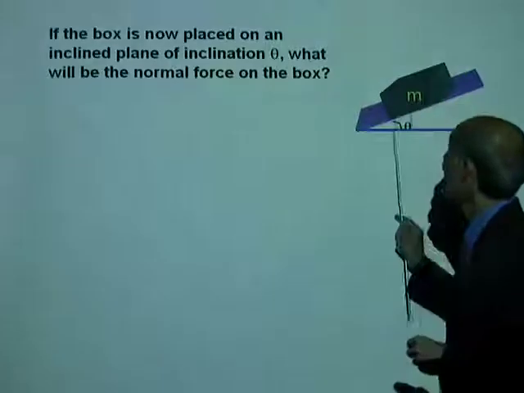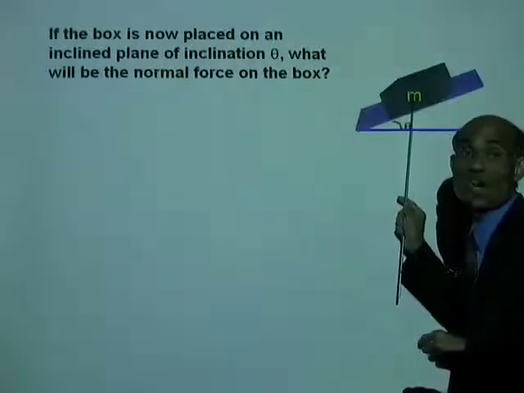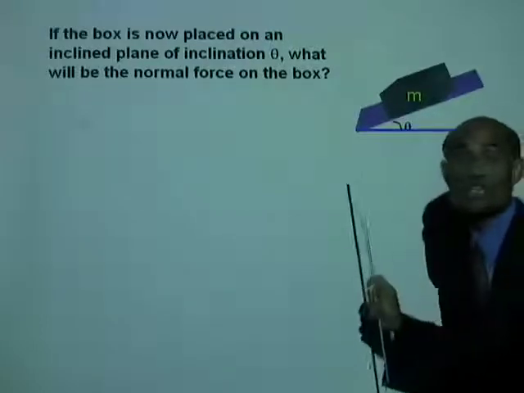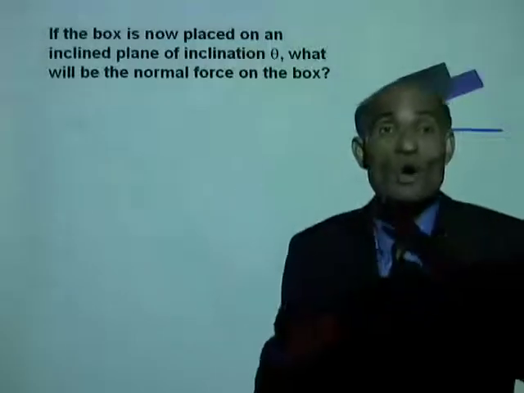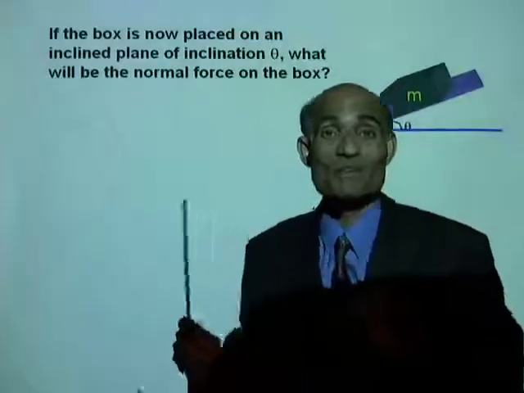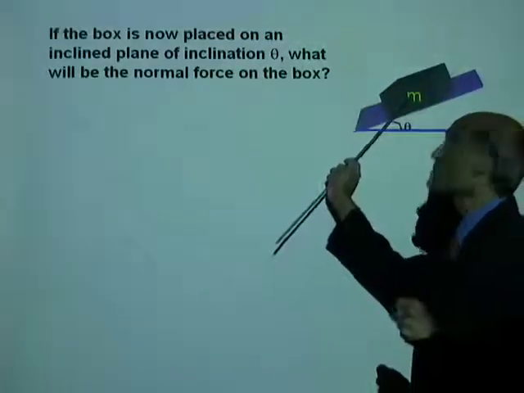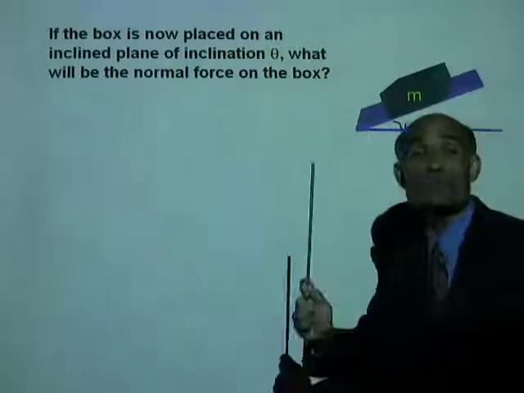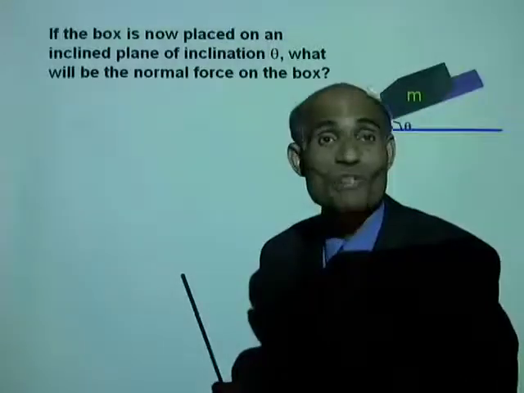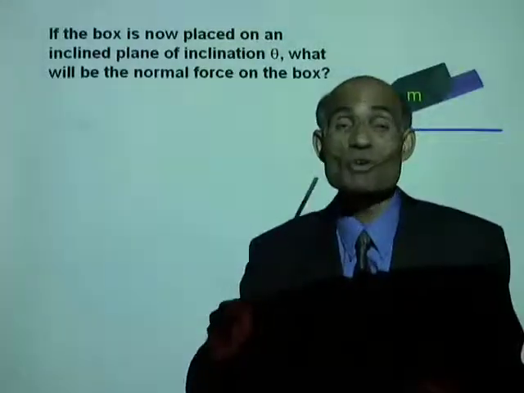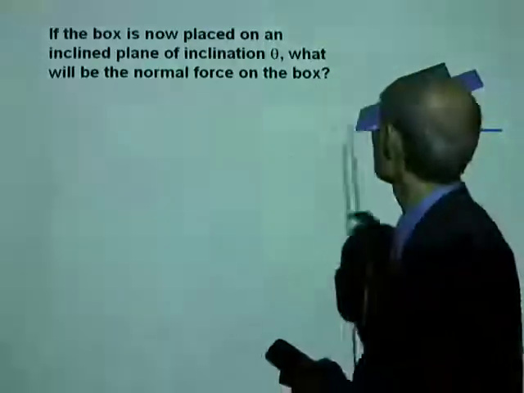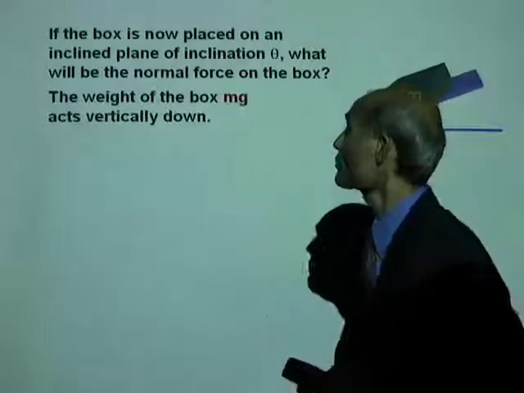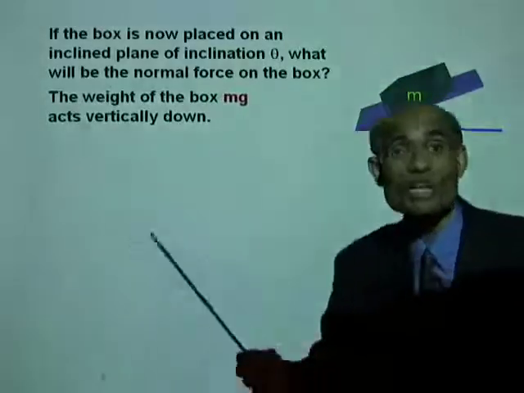You know, when an object is placed on an inclined plane, its weight mg will be acting vertically down. That mg is no longer the normal force. The normal force, or the force pressing the two surfaces, will now be mg cos theta. That is the normal force now. So only that force comes into play when you talk about the friction between these two surfaces. The weight of the box mg acts vertically down.